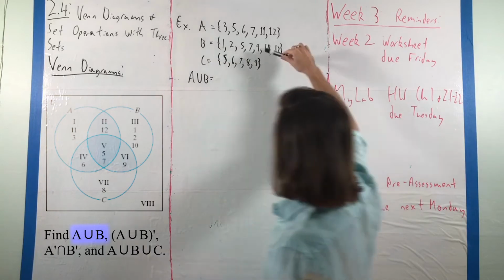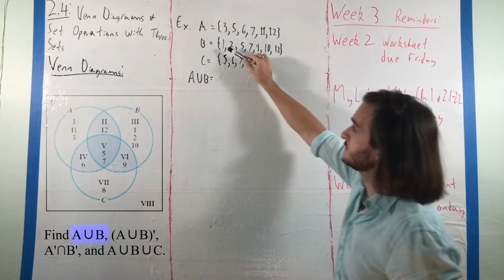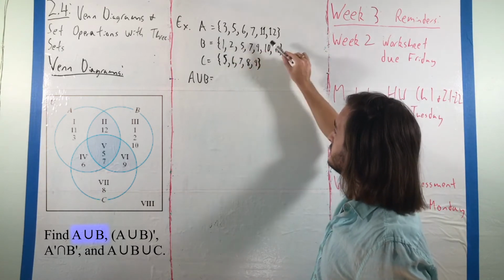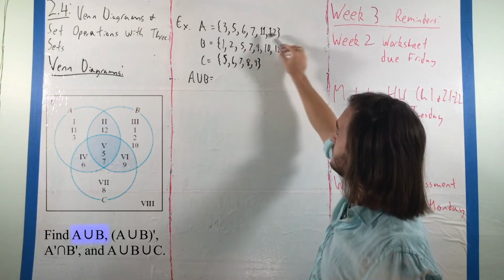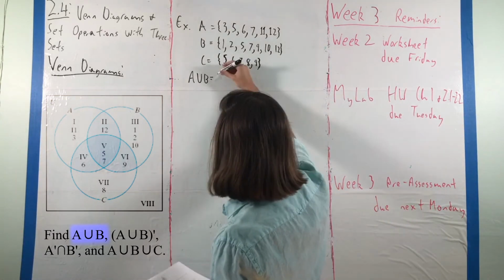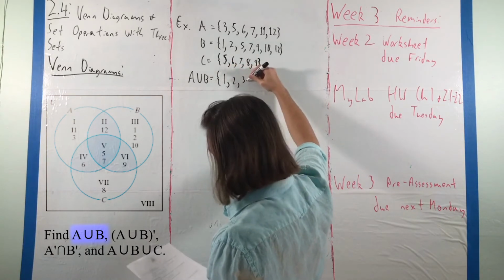A union B, we're looking at compiling every possibility we have between these two. So we've got 1, 2, 3, 5, 6, 7, 9, 10, 11, and 12. A whole bunch of things.